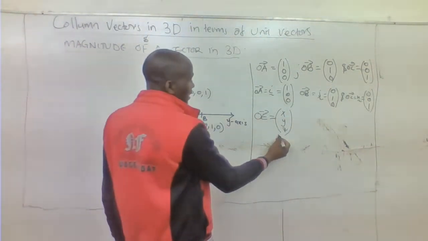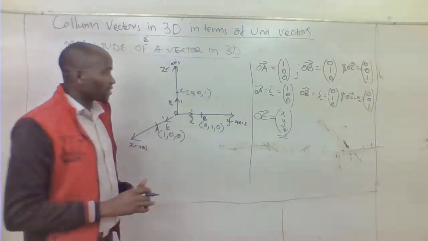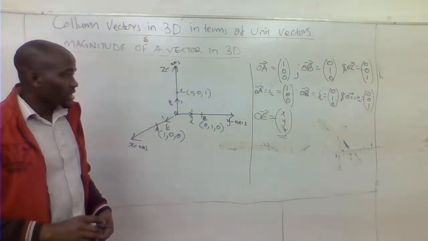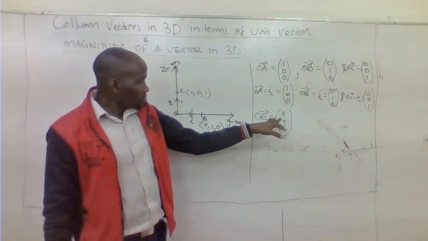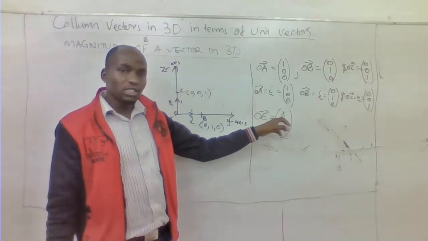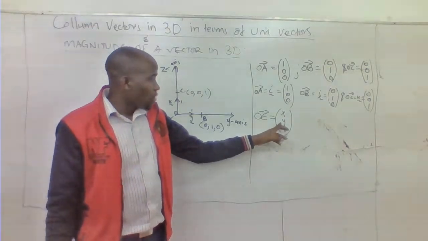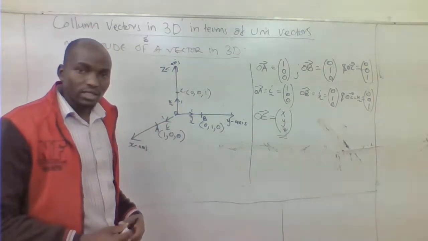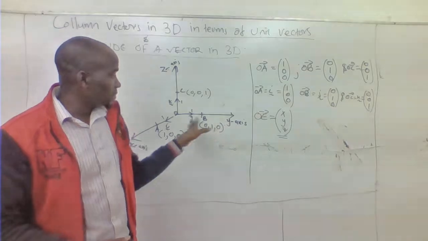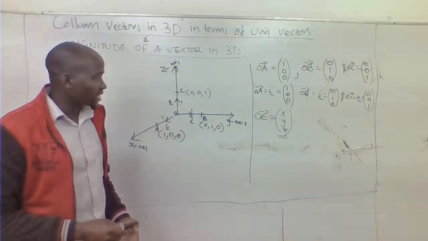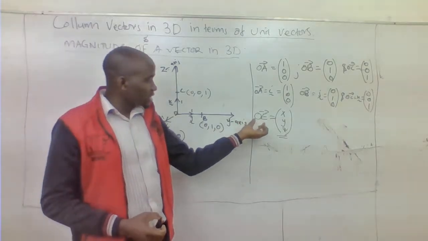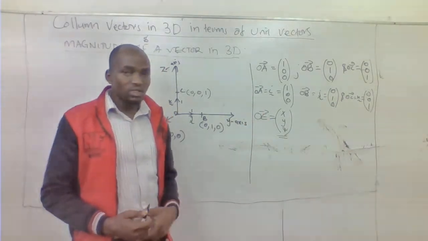This one can be expressed in terms of the unit vectors. Please remember that x here is the displacement along the x-axis, y is the displacement along the y-axis, then z is the displacement along the z-axis. So how can we express this vector generally in terms of unit vectors?